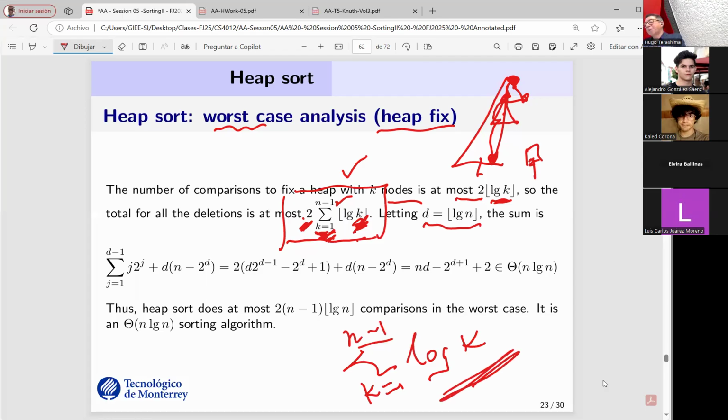Have you seen this expression before? What is it? Log of 1 plus log of 2 plus log of 3 plus log of 4 plus log of n minus 1. What is that expression?